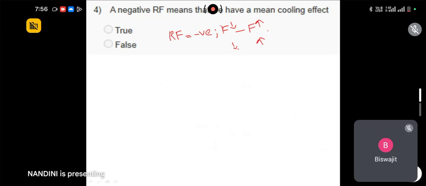So it means cooling. So is it true or false? Just a second. So it is true.